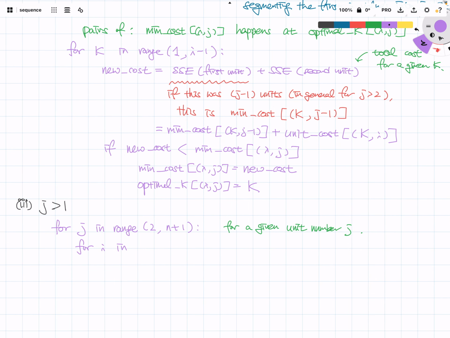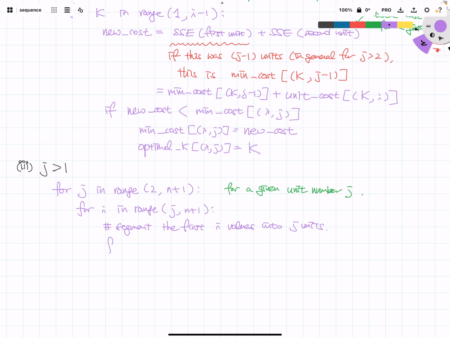And we can repeat the same logic for the others. So for i should be in range from j. So it means that, okay, segment the first i values into j units.